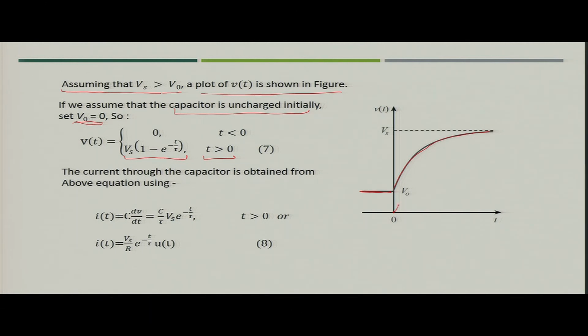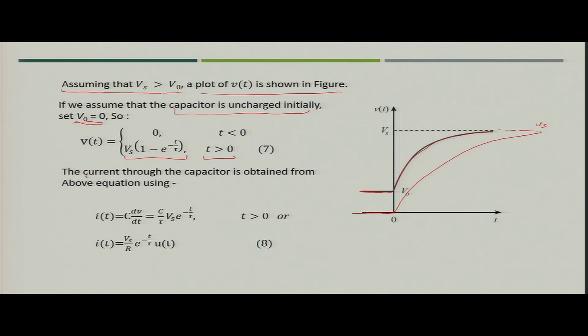You will see the curve like this, where it will settle down again at voltage V s for time t greater than 0, and for time t less than 0 it will be 0. The curve will look like as shown in the figure. Finally, it will settle down to the value of V s, which is nothing but the source voltage.